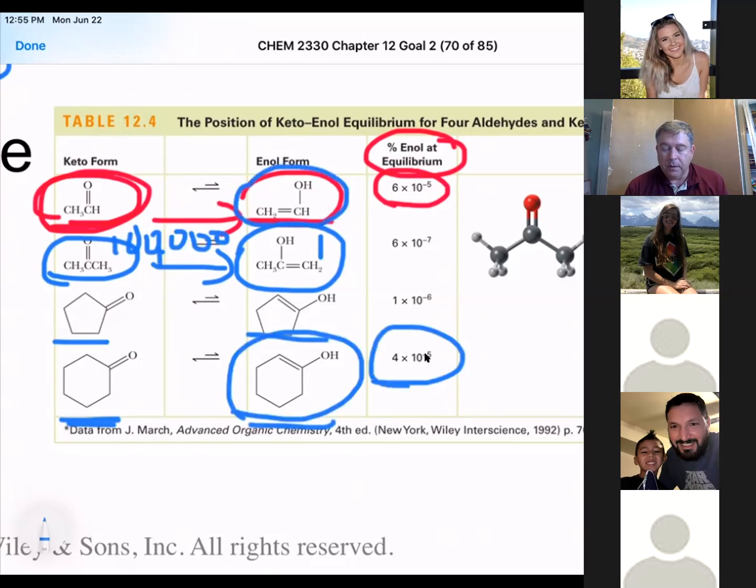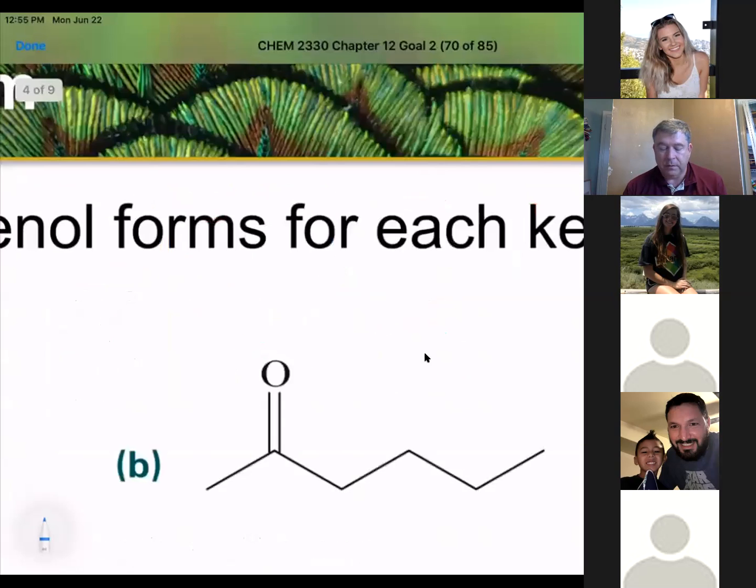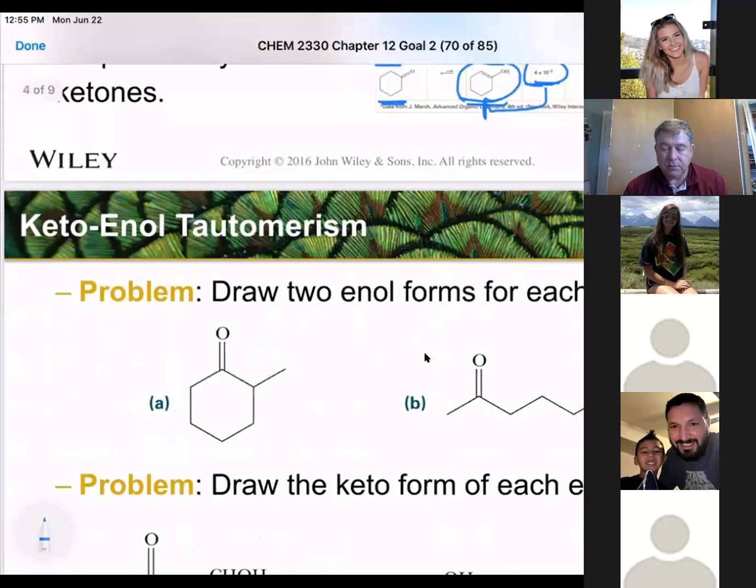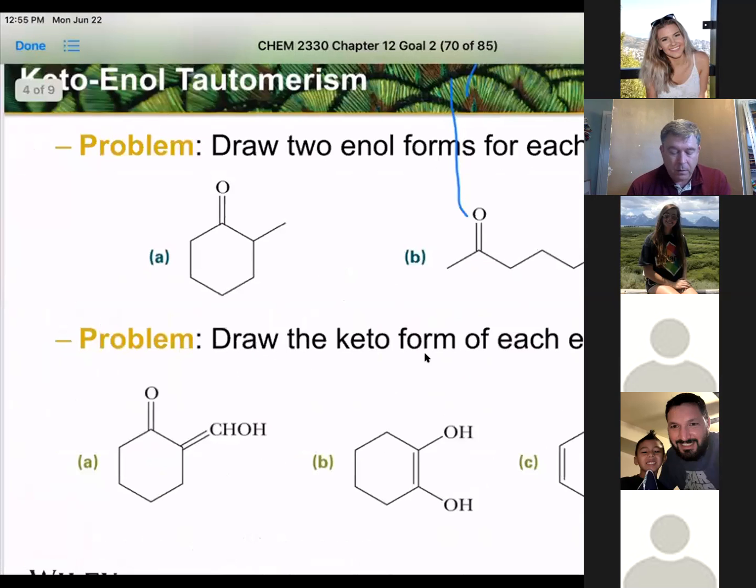This number's lower, and therefore there's a little bit more of these in comparison with these up here. So the idea here is that while it's not happening very much, when it does happen, it changes the reactivity. Okay. So let's draw some of these as enol and ketones just to see how they exist and why they exist, okay?